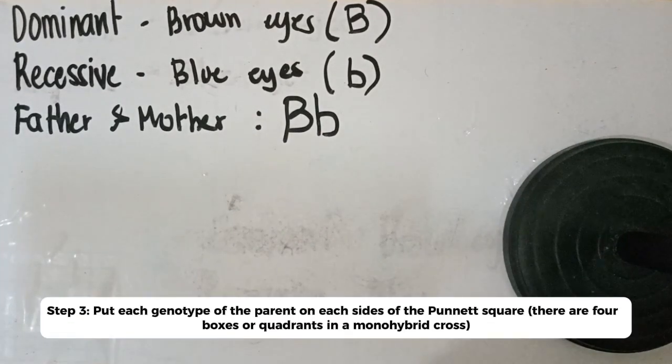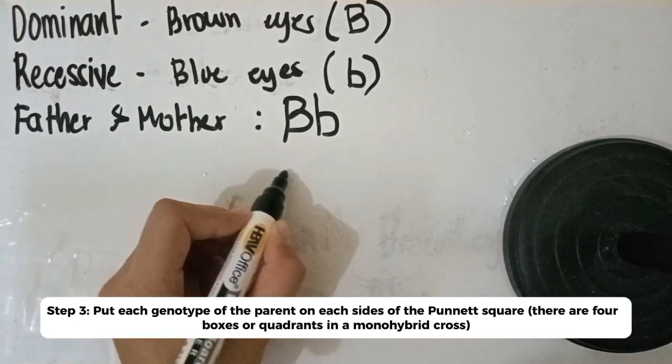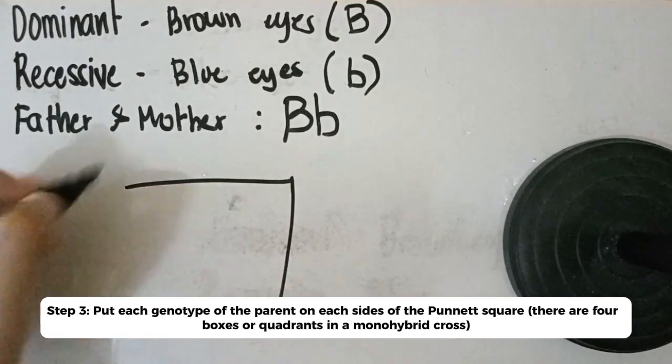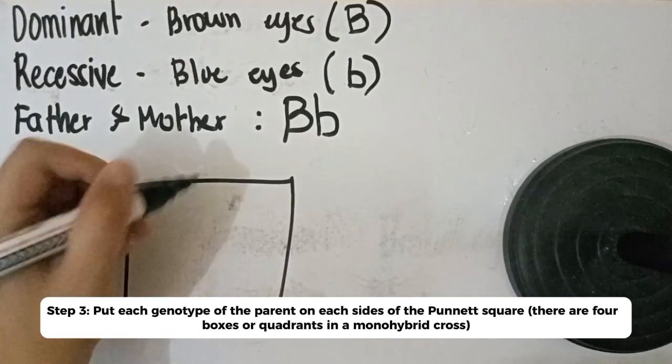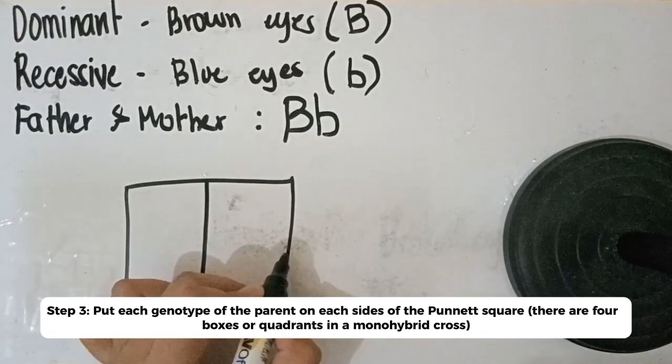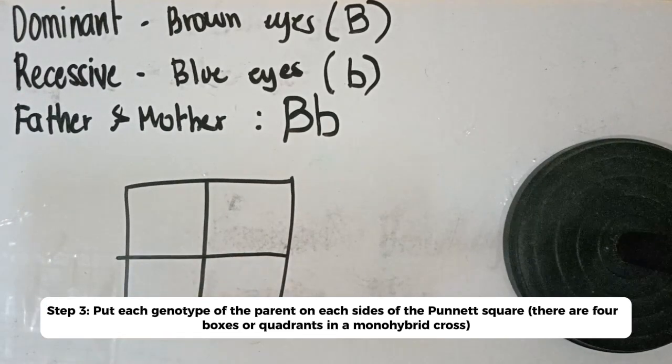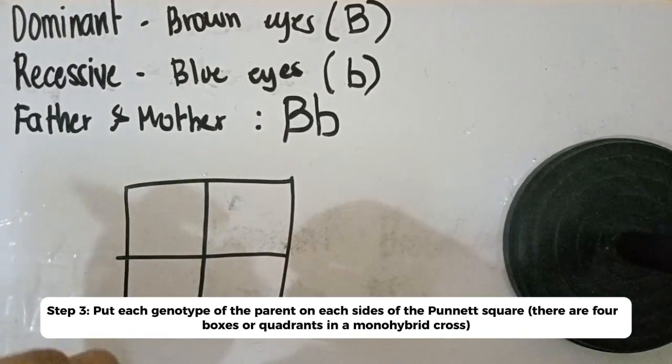Okay, next step. Put the genotype of each parent on each side of the Punnett square. Since the trait we are crossing is only one, we will use a monohybrid cross.